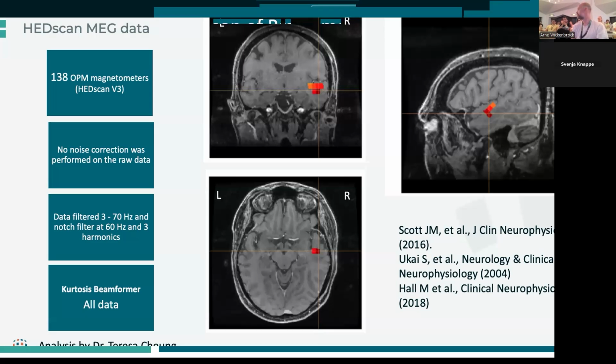So there have been demonstrations of really deep structures like the hippocampus, but not many so far. And it really has 2 reasons. One is, yes, it's deeper, and so my signal strength falls off with distance cubed, let's say. So of course I have a smaller signal. But also in the cortex, you have these pyramidal cells that are all nicely parallel, and in some of those structures you just don't have that nice arrangement.